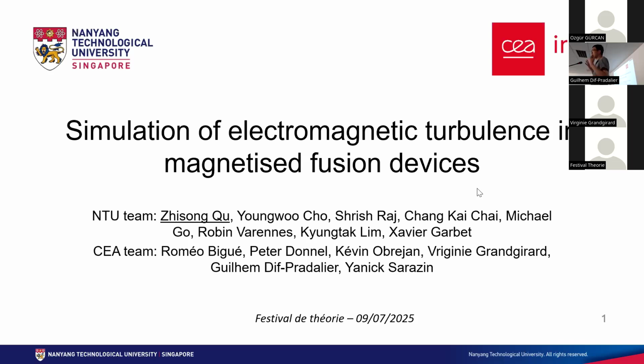For people who may have heard of this code called GYSELA, the gyrokinetic semi-Lagrangian code, it has been in CEA for about 20 years, mainly developed by Virginie and the team. We took over the electromagnetic part of it last year, and then we started to work on it to make it a feasible tool to simulate plasma turbulence in tokamaks.